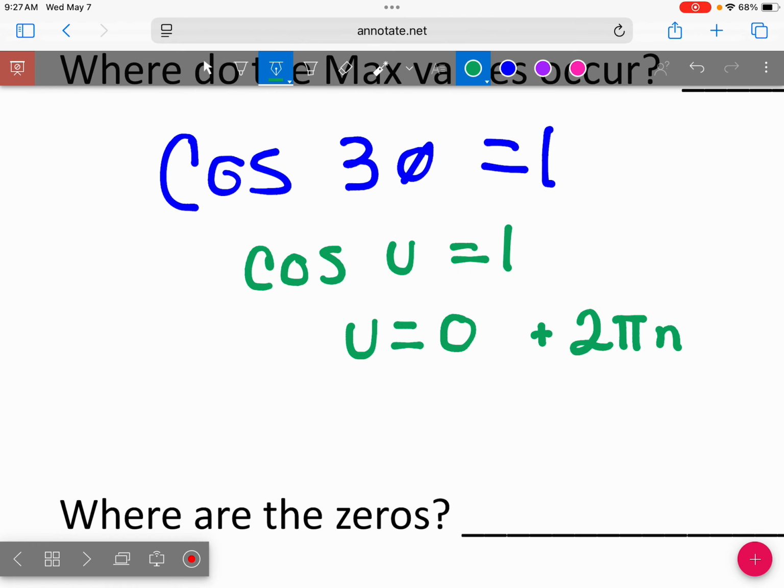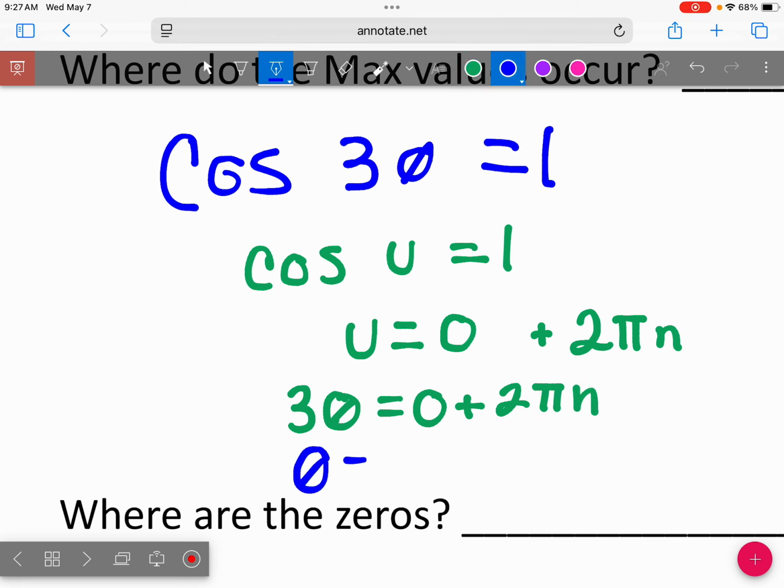So if we have our 3 theta equals 0 plus 2 pi n, how do we get theta? Divide by 3. So we're going to have 0 plus 2 pi over 3 n.